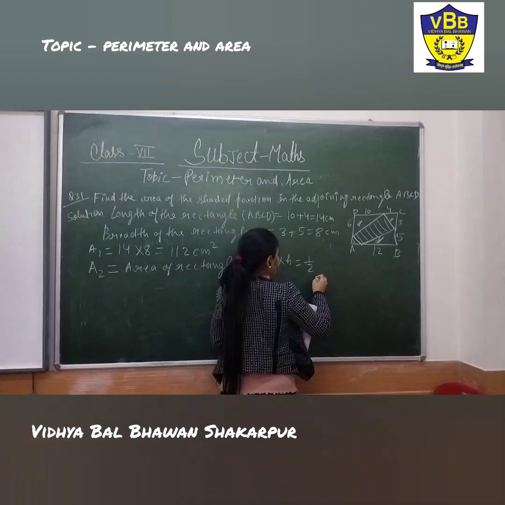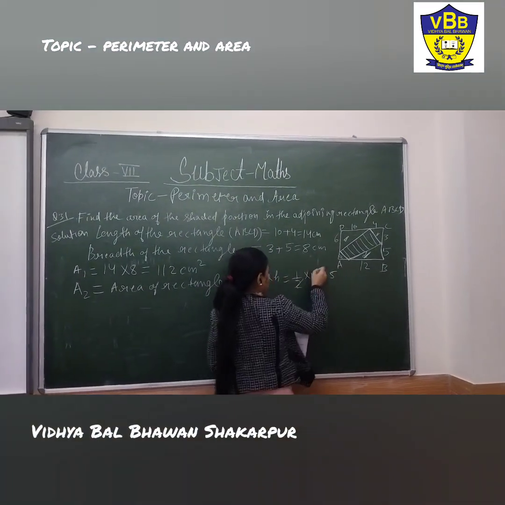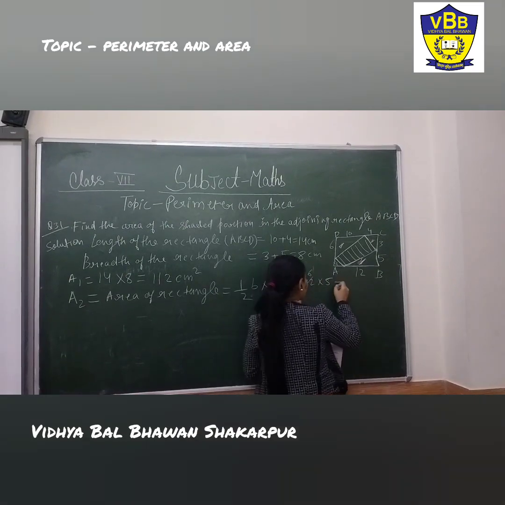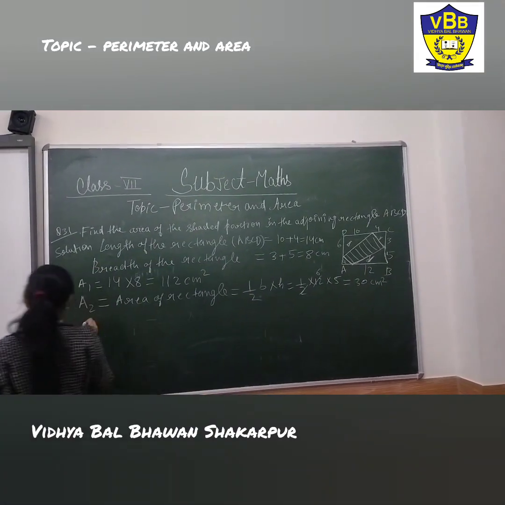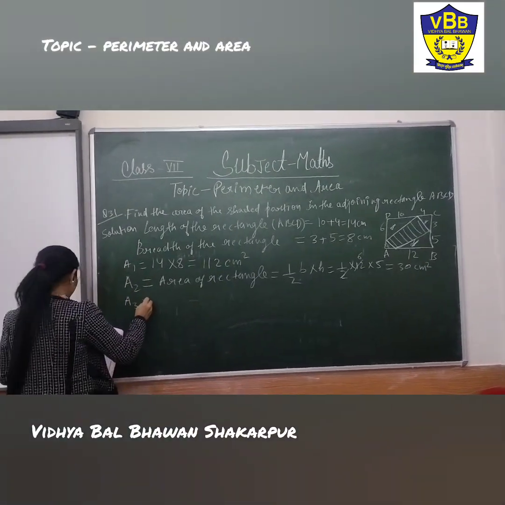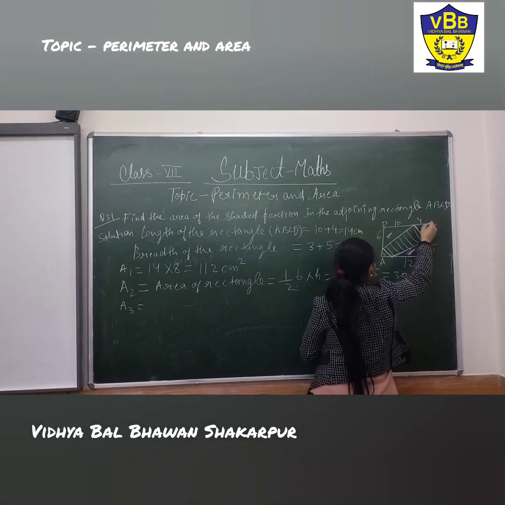Half, and base is given 12 and height is 5. Now let's solve this: 30 centimeter square. Now further calculate the area of the second triangle, and that is the smaller one, this one.